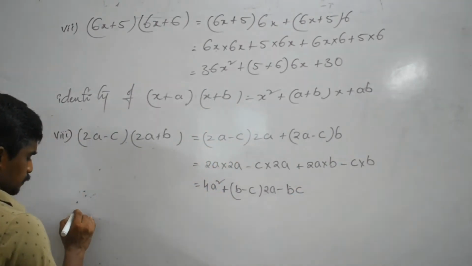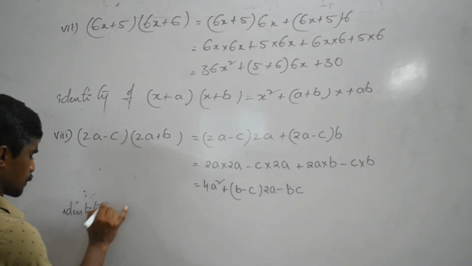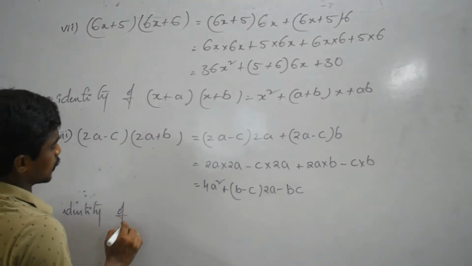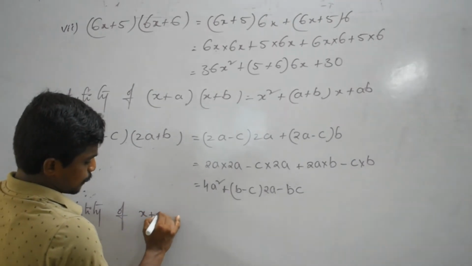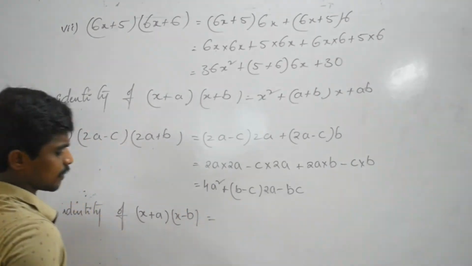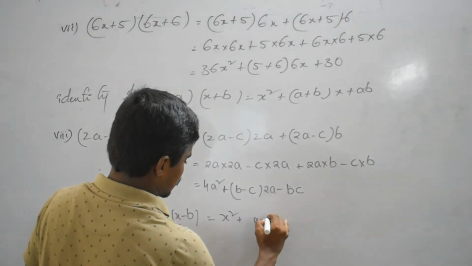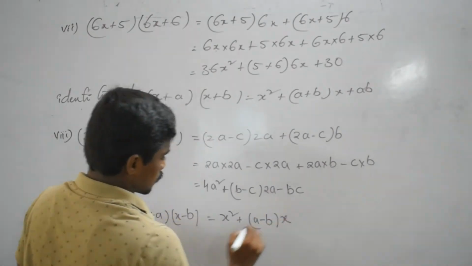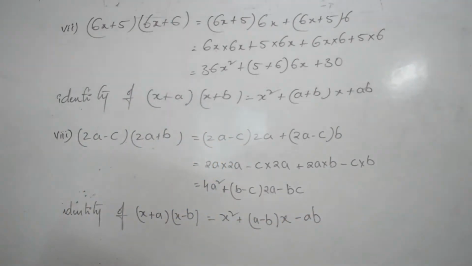So now here is the identity of (x + a)(x − b), which is equal to x square plus (a − b)x minus ab. That is the identity of that equation.